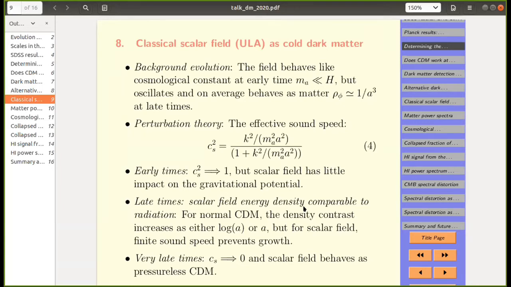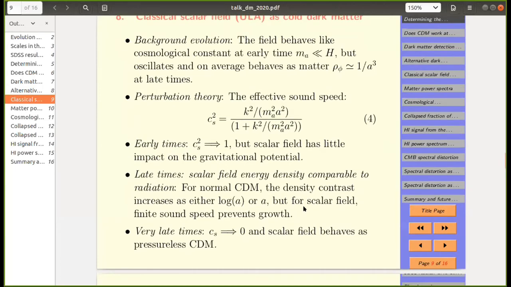At late times is when the excitement comes, when the scalar field energy density becomes comparable to radiation, because this density is falling as 1 over a cubed, like matter. If you had a normal CDM particle, the density contrast would have increased either as logarithm of a when the scale enters the horizon in the radiation dominated era, or as a if the scale had entered the horizon in the matter dominated era.